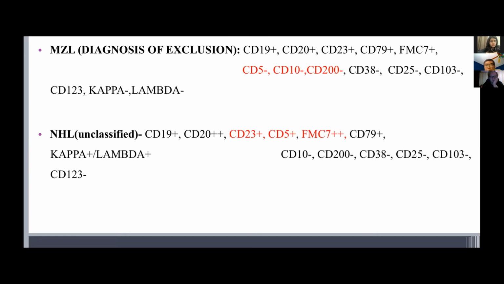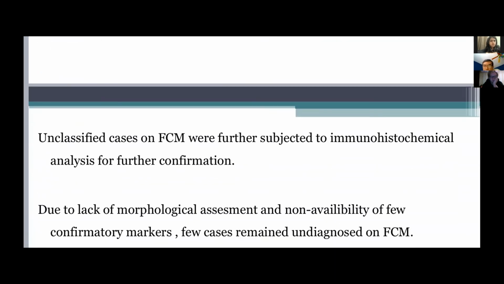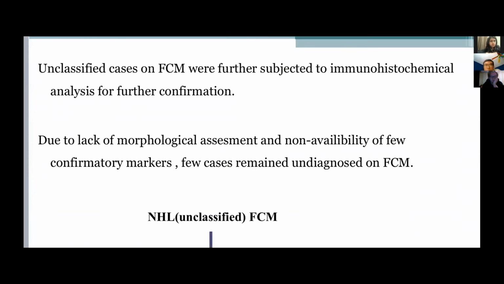These unclassified cases were further subjected to bone marrow biopsy examination, followed by immunohistochemical analysis for further confirmation, just to cross-check what the drawback was that flow cytometry could not evaluate these cases.